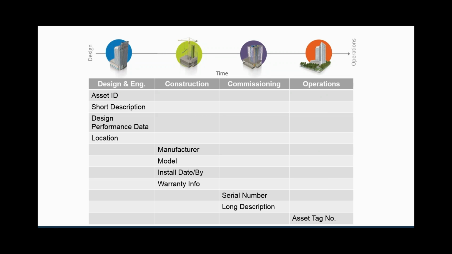But this is just showing you that potentially during the life cycle from design and engineering through construction, building commissioning into operations, little pieces of information need to be collected on every single individual piece of furniture, fixture, and equipment and spaces, all of that stuff that are going into your facilities. Little pieces of information need to be collected on the way.